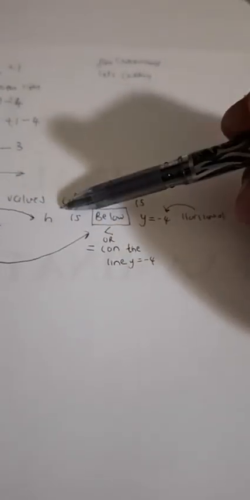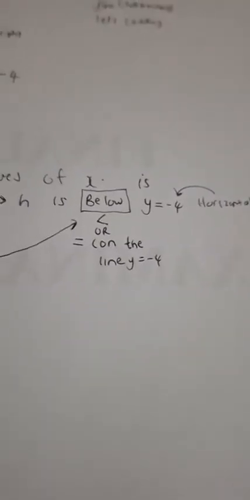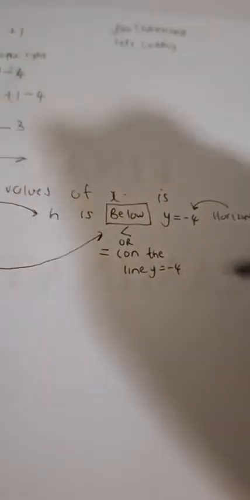So we're looking for two situations here. We're looking for where the function h is below the line y is equal to negative 4, or, because of the equal, where the function h is on the line y is equal to negative 4.